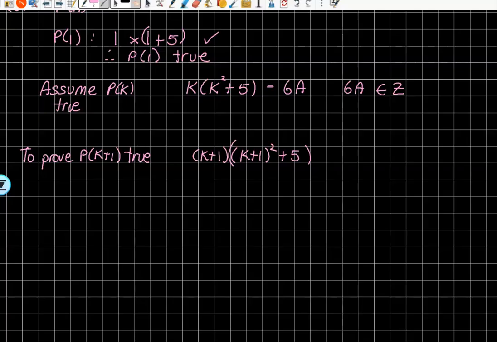Okay, so we're looking at this and we're going, what can I replace at the moment? Not a whole lot of stuff. Do we have to expand? Yes. So here we go. K plus 1.